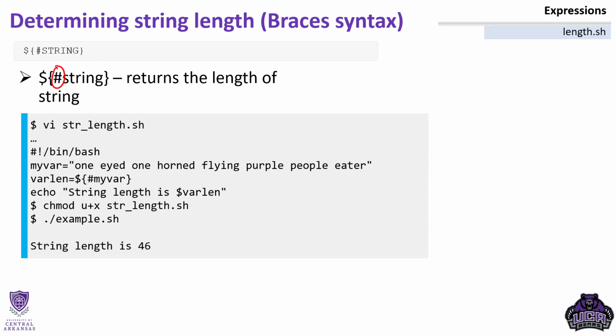So here we're throwing a pound sign in front of it, and that is just going to get the length of whatever we type. Now this is overly done right here. I'll explain that in a second, but here we just have a variable. There's the value right here. We have another variable and we're getting the length of this variable up here. So it's just going to return a number to var length, and then we're echoing that string out, and it will have the number right there.